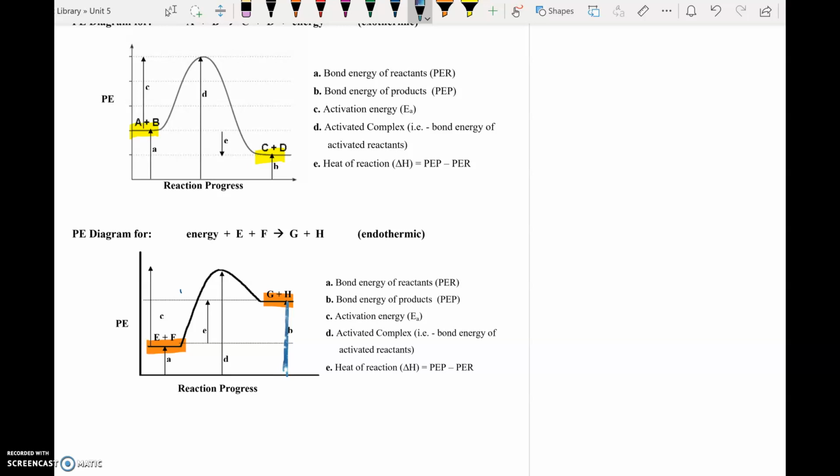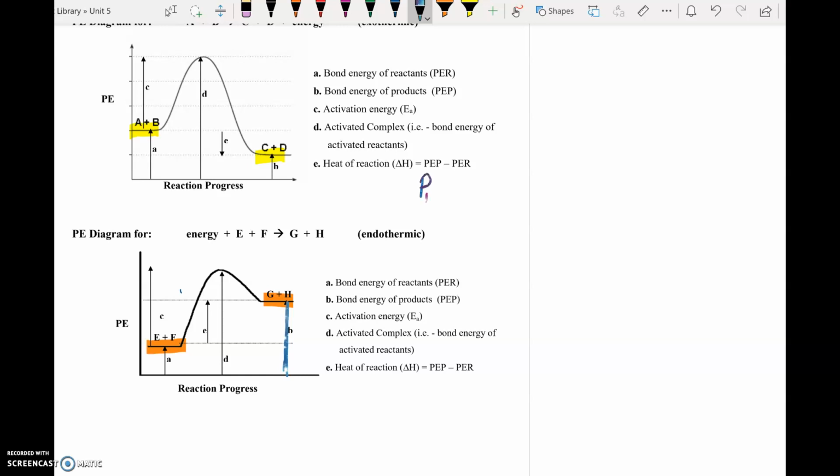You have to study this and know what things go where in preparation for your homework and certainly for the quiz. Remember, the heat of reaction is the potential energy of the products minus the potential energy of the reactants. I actually write it like this.